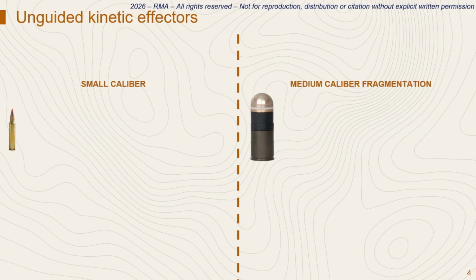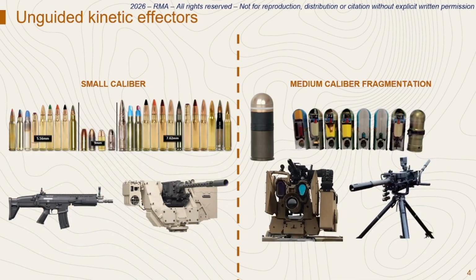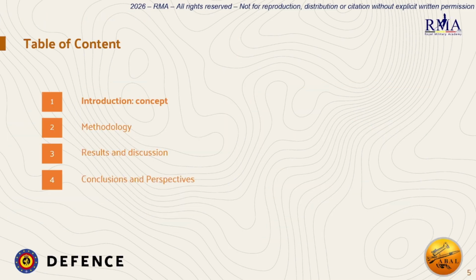For the unguided kinetic effectors, we will be evaluating small caliber projectiles. Think of a 5.56 NATO round. On the other hand, we have the medium caliber fragmenting projectile. There are many variations of both, which we can evaluate with our tool, launched from a whole set of different launcher systems, of weapon systems.